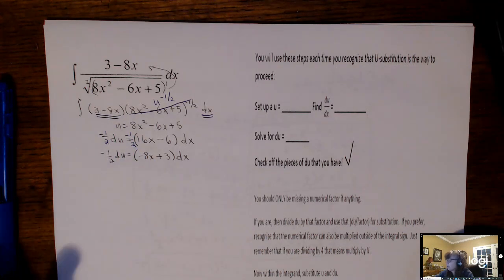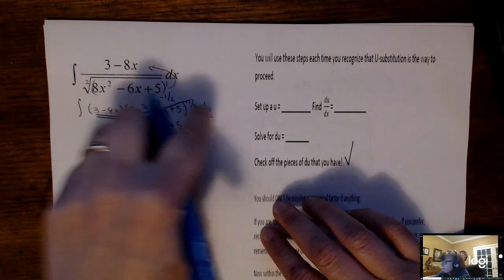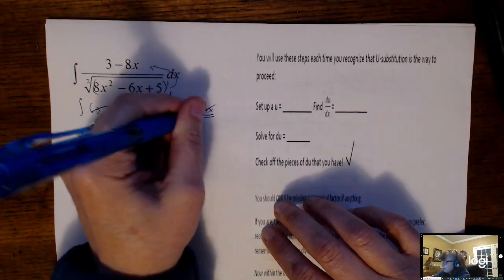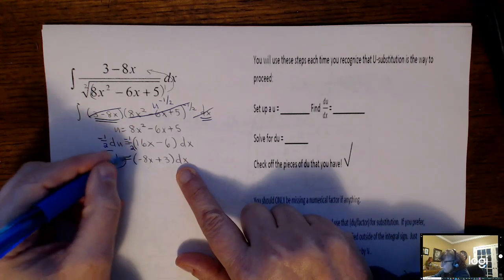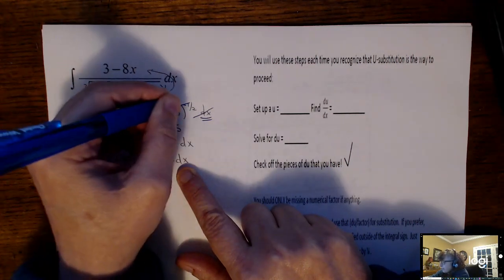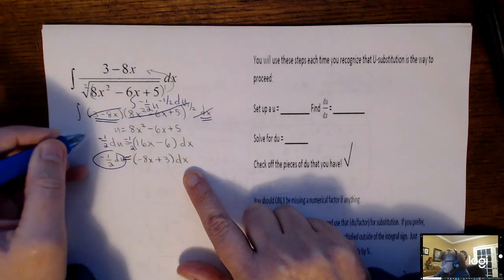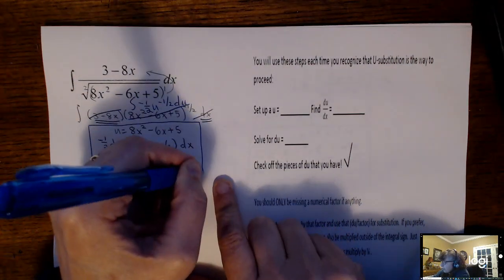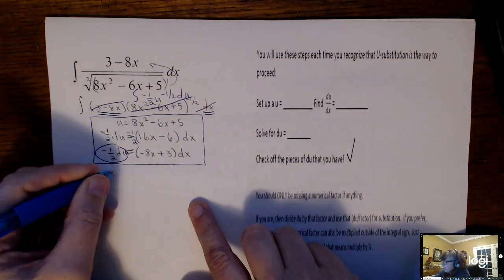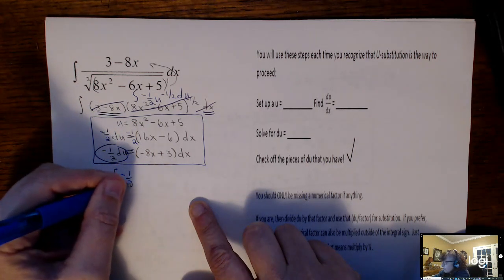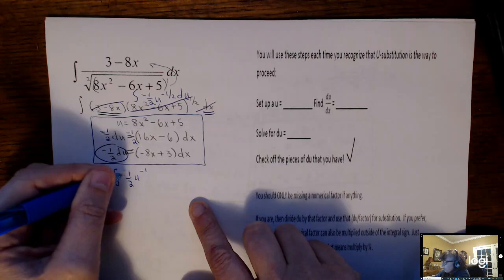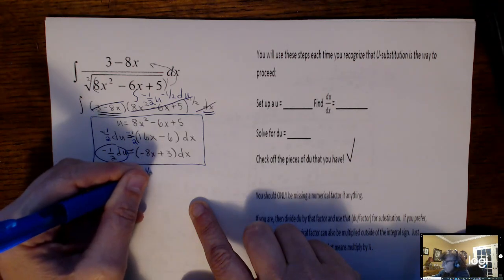So now I'm going to cross this out. You're not done until everything here is gone. So that 3 minus 8x dx is equal to negative 1/2 du. And I'm visual, so I like to put a box around this, and then my goal is to get a new integral, and so I'm just going to write down the integral of negative 1/2 u to the negative 1/2 du.